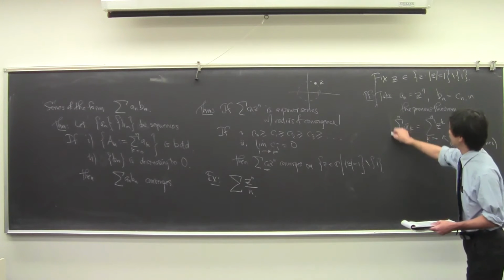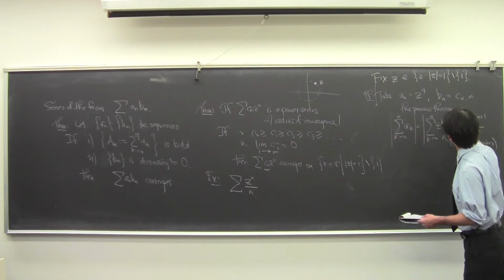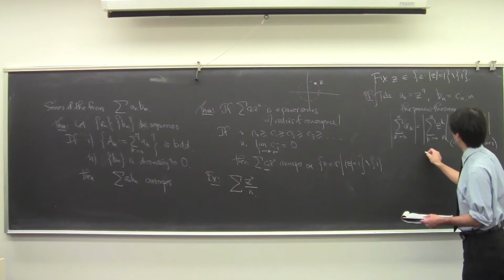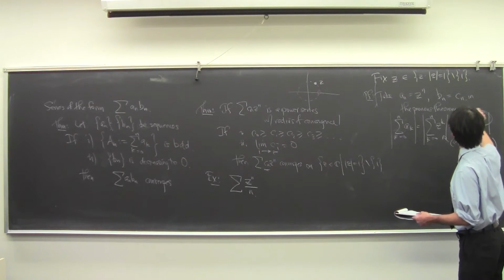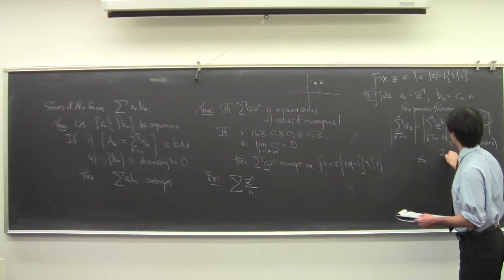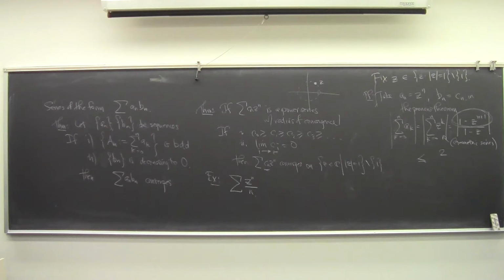And if you look at the size of these guys, well, this thing here on the top is smaller than 2, right? Because z has magnitude 1, so by the triangle inequality, this top is smaller than 1 plus 1.